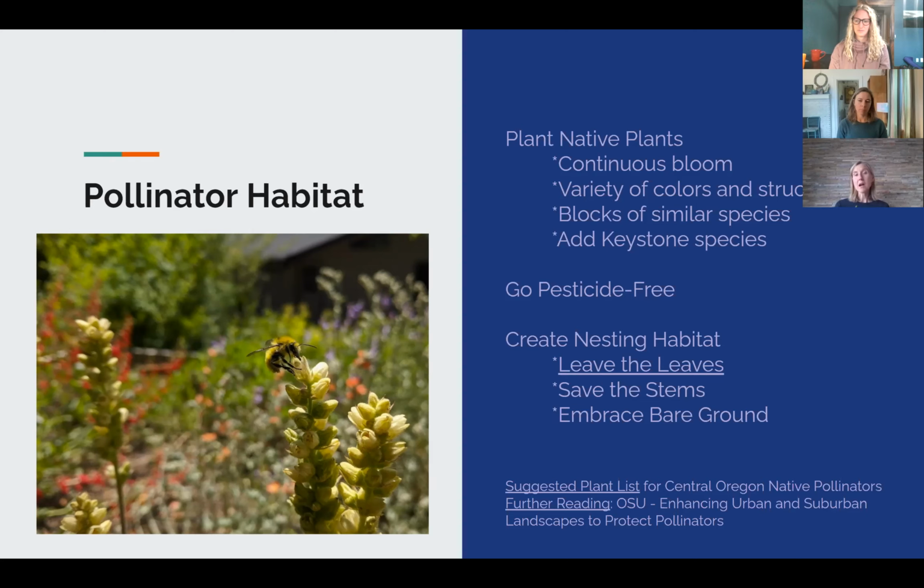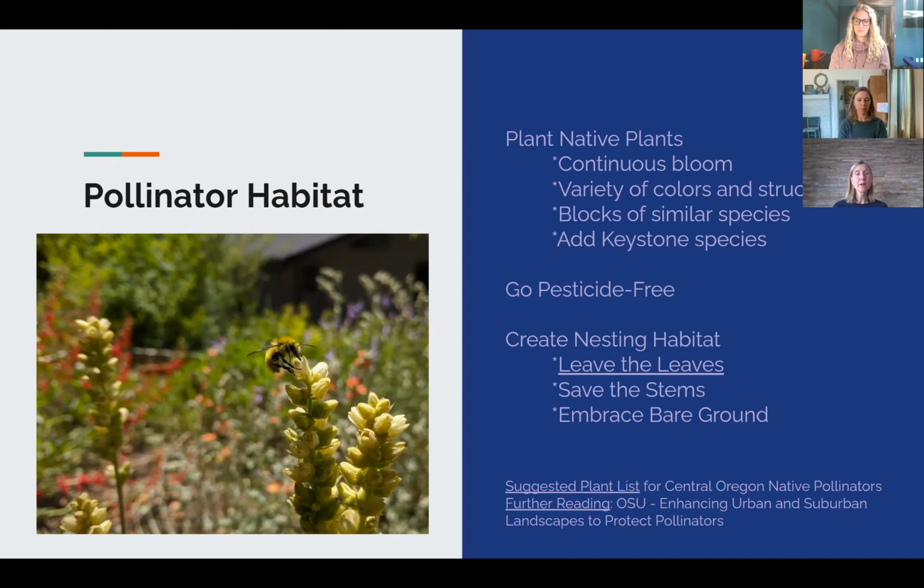So planting in blocks of similar species has apparently been proven to be beneficial to our pollinators. And finally, we are, again, learning a lot more about what our pollinators need in recent years.